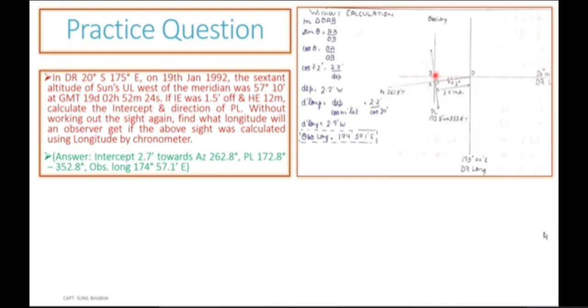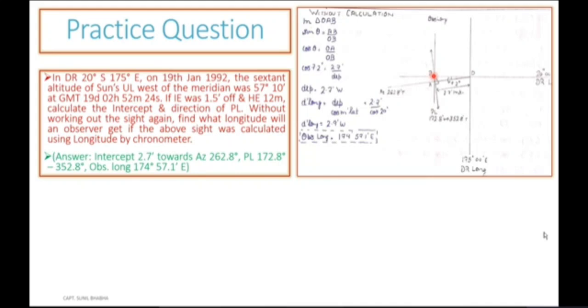So this point B is basically the point which we would have obtained if we had worked out this site using long by chron method, because this is the point on the DR latitude from where the position line passes, and long by chron method gives us exactly that point, the point on the DR latitude from where the PL passes.